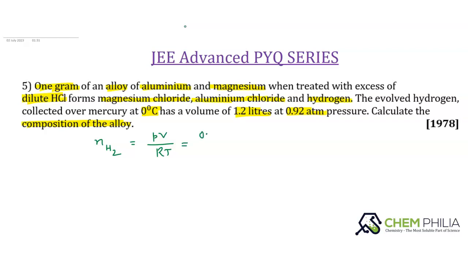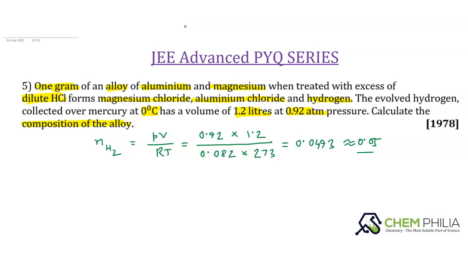Now P is 0.92 atm, volume is 1.2 liter, divided by R means universal gas constant, it's 0.082, multiplied by T is 0 degrees Celsius, that is 273 Kelvin. So it's 0.0493, or we may consider it to be 0.05. So this is the number of moles of hydrogen that we have obtained.